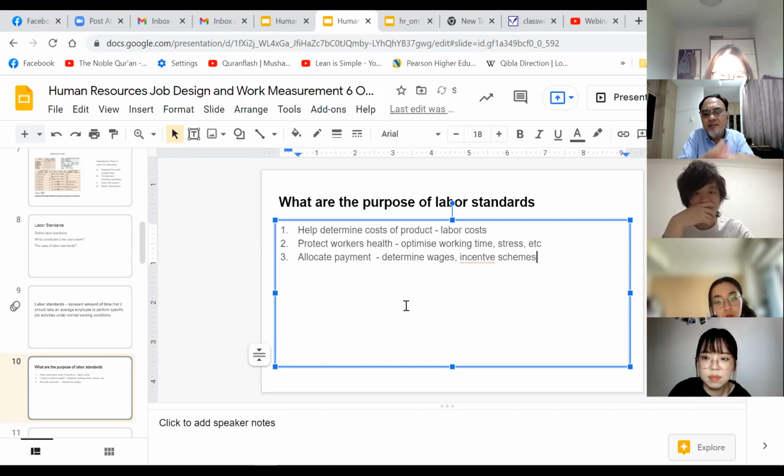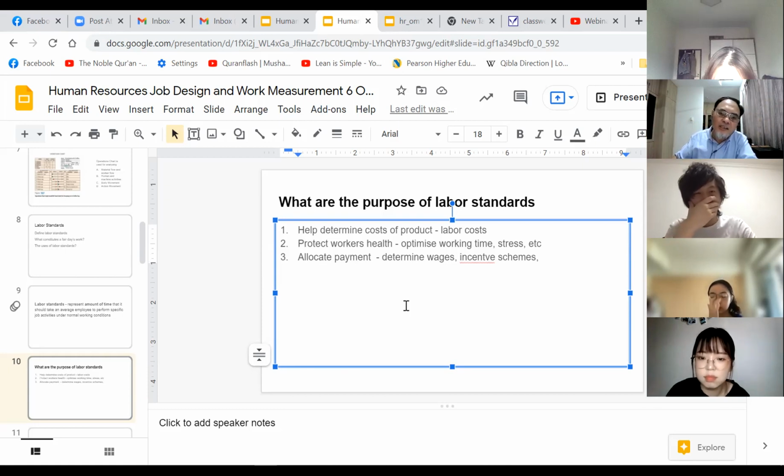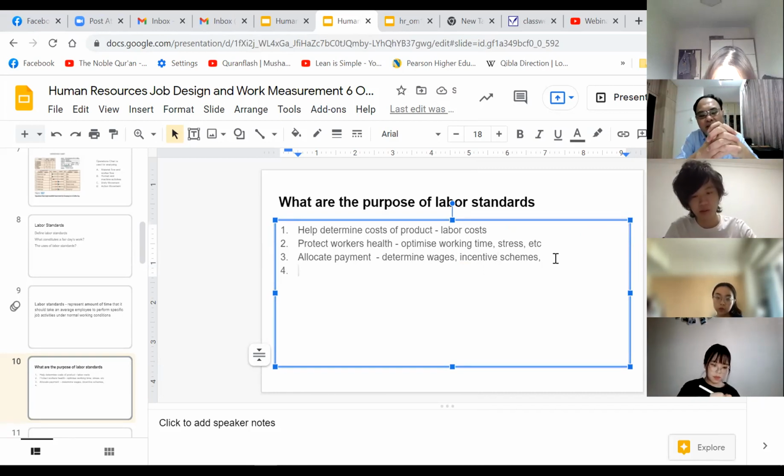For example, making clothes: the standard time to sew the collar is 2 minutes. If the worker is fast, he can get an incentive, a bonus, extra. So that is why you need standards. Allocate payment. What else? There are a lot of things.